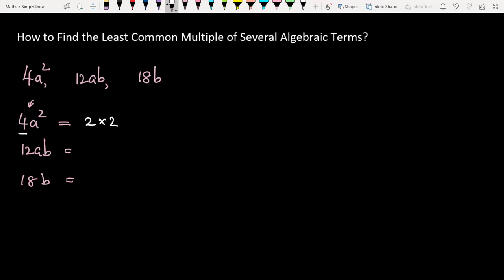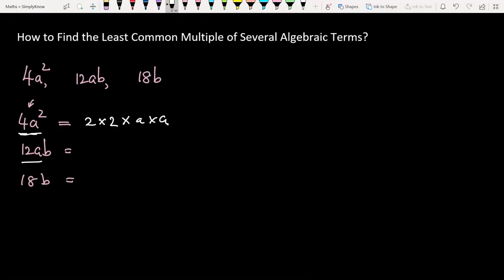Then we write each unknown term as a product. Here we have a squared, so as a product, this should be a times a. So 4a squared as a product of its factors is 2 times 2 times a times a.